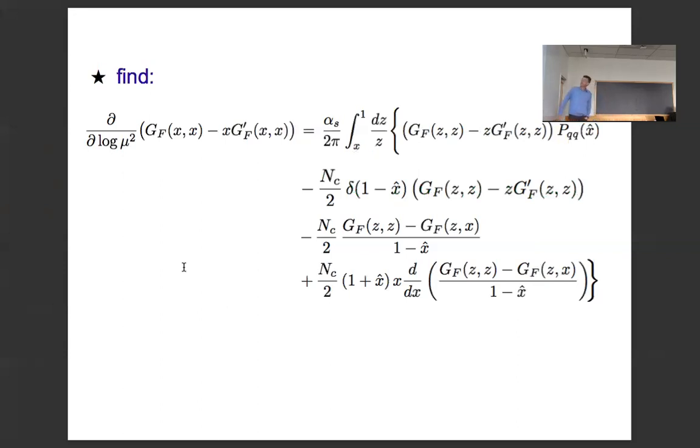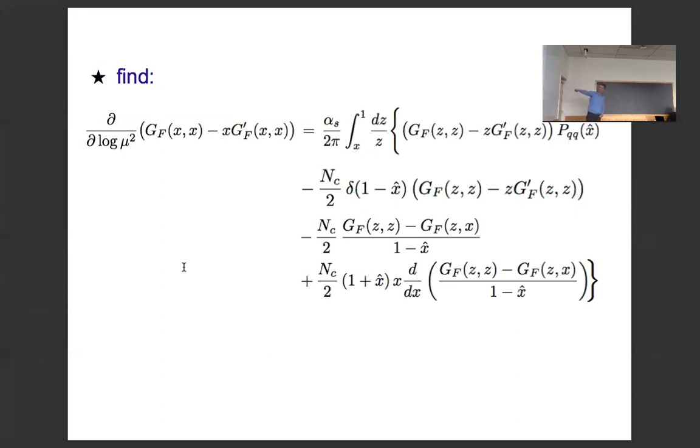And now you can see a couple of interesting things. The first part is completely simple. It's a regular piece in terms of splitting functions and so forth. It has, for example, here the evolution kernel for the unpolarized PDFs with the same combination g minus x g prime. That's fine. Here, however, you find a piece that has a difference between gF at the same and two different arguments divided by 1 minus x hat. x hat is z over x, so it will be regular here.